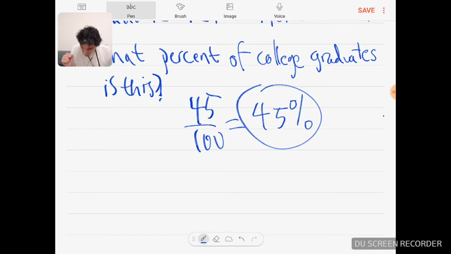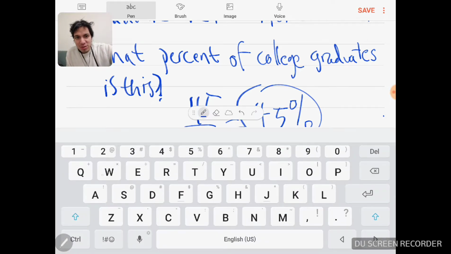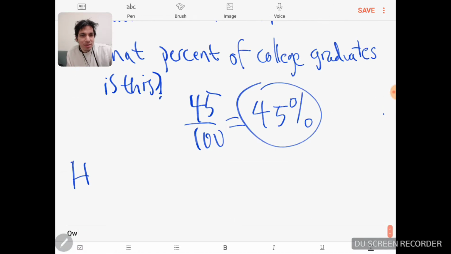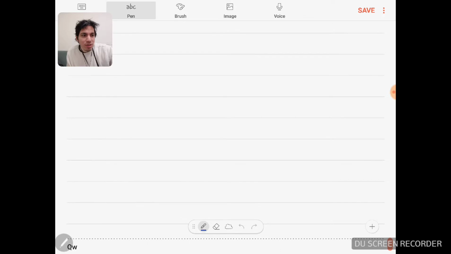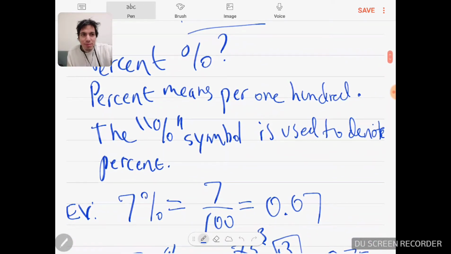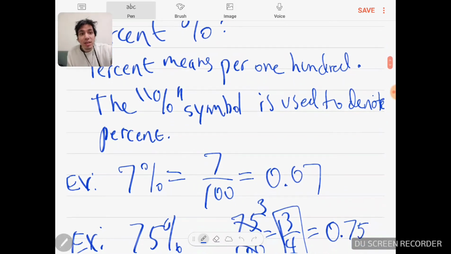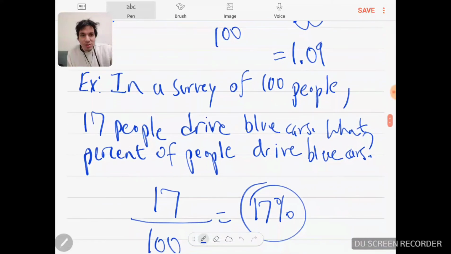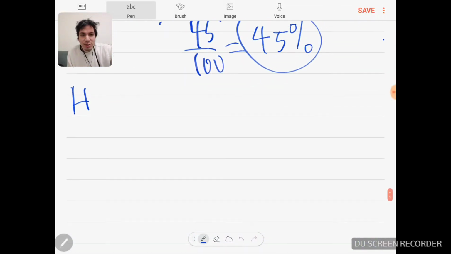I'm going to give you your homework, and I'm going to wrap up the lesson real quick. Okay. So remember, a percent means 1 per 100. That symbol is the percent symbol. This is just a nice little recap of what we did for today.